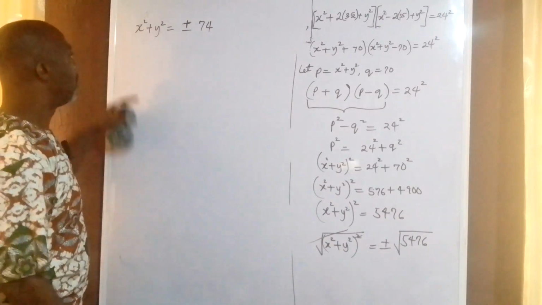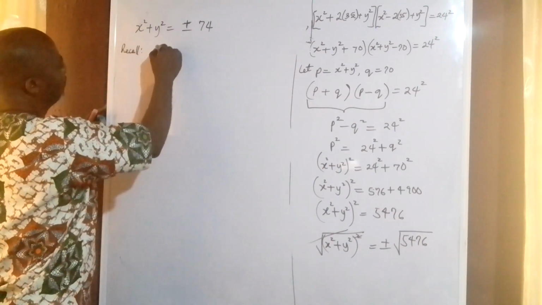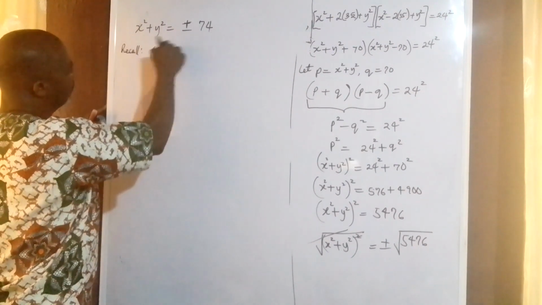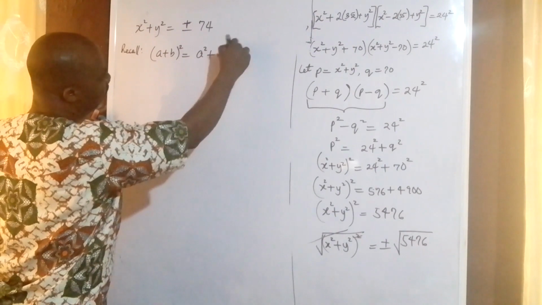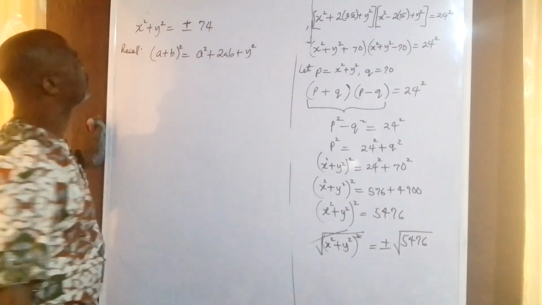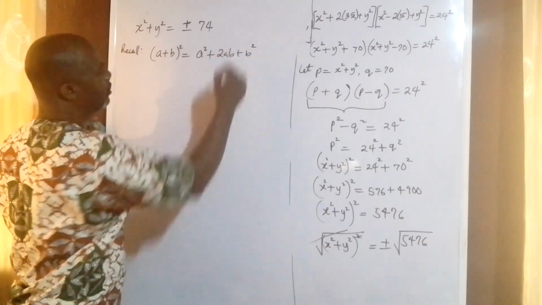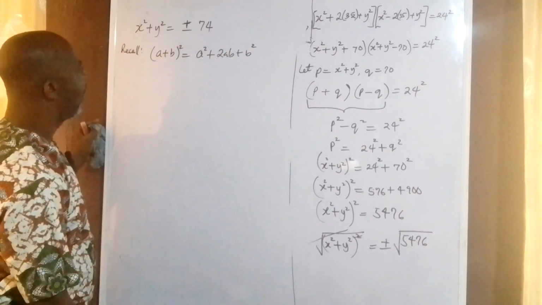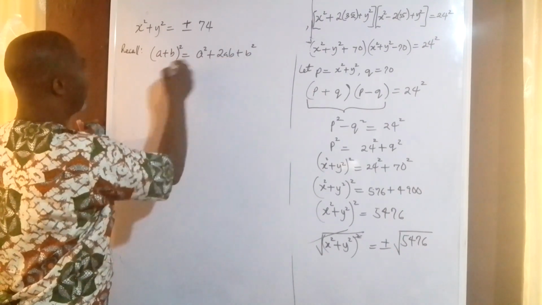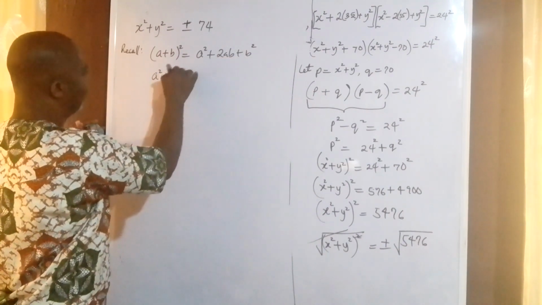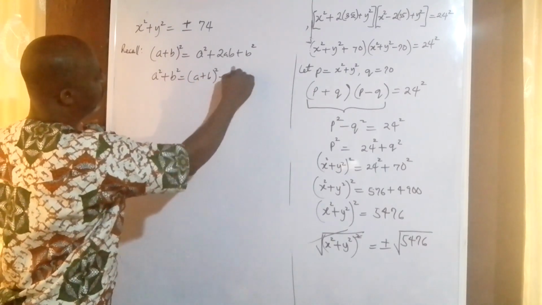Okay, so now recall that a plus b all squared is the same thing as a squared plus 2ab plus b squared. And therefore, if I make a squared plus b squared my subject, a squared plus b squared will give me a plus b all squared minus 2ab.